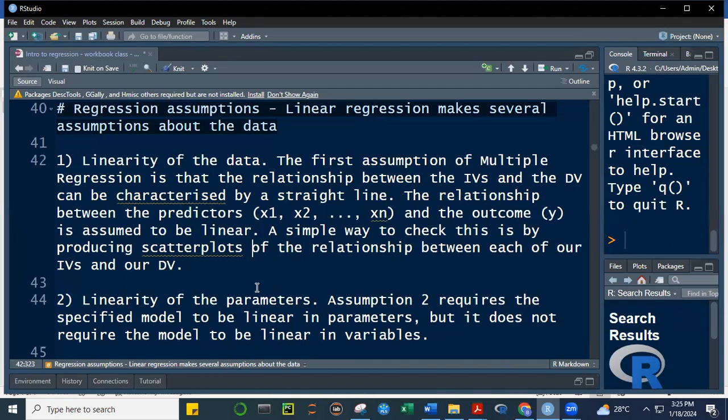And the reason for that is, later on expound pa natin to, but what will happen is that they will try to compete in trying to explain yung dependent variable natin. Pareho lang naman actually sila. If they're highly correlated, then halos pareho lang sila, then might as well just use one of them. So that's something called multicollinearity, which I'm going to discuss in a while.